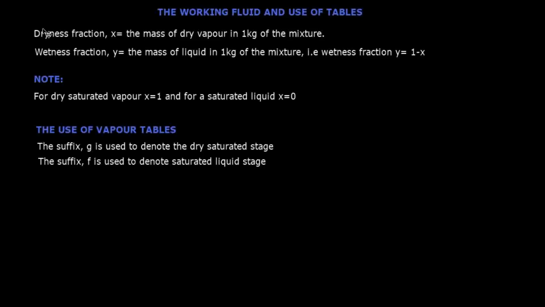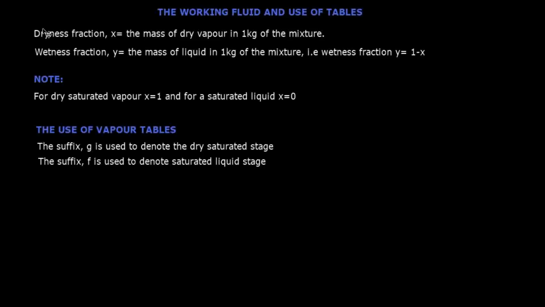The dryness fraction, denoted by X, is the mass of dry vapor in 1 kilogram of the mixture. The wetness fraction, on the other hand, denoted by the letter Y, is the mass of liquid in 1 kilogram of the mixture.